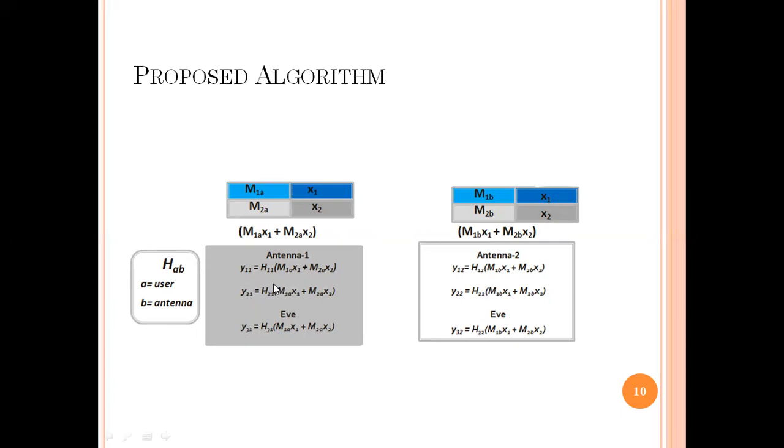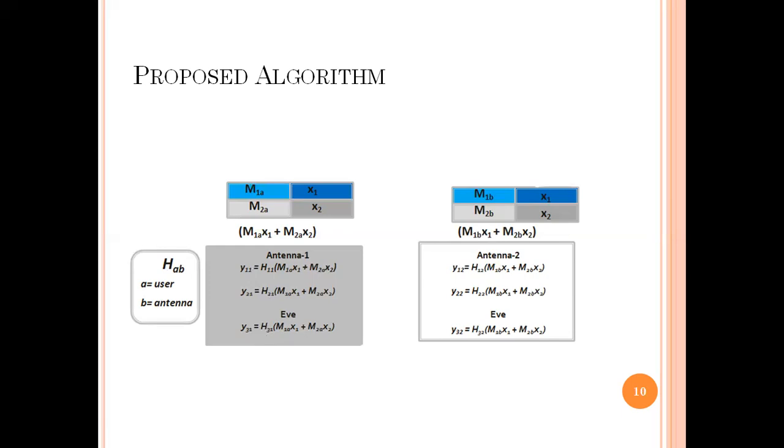H11 is the channel between user 1 and antenna 1, H21 the channel between user 2 and antenna 1, and H31 the channel between user 3, the eavesdropper, and antenna 1.